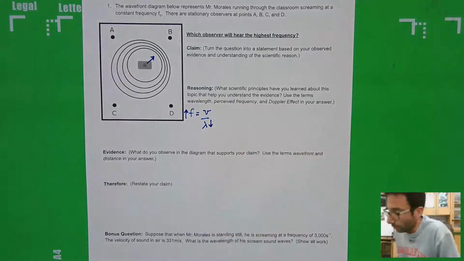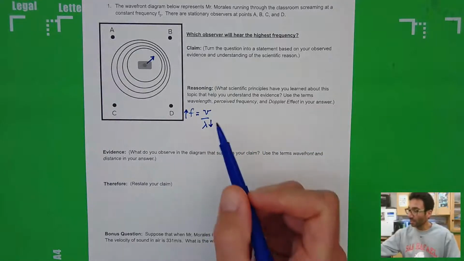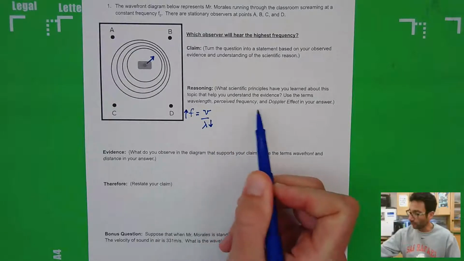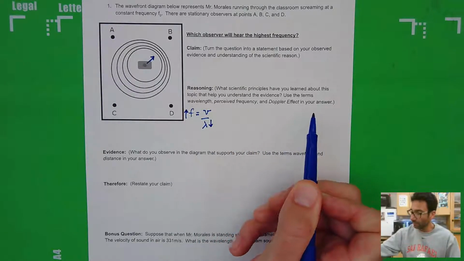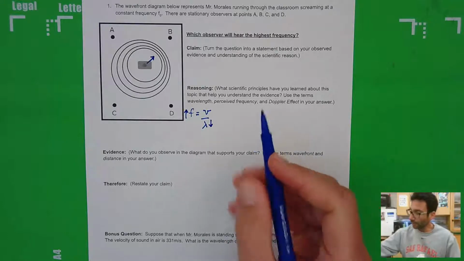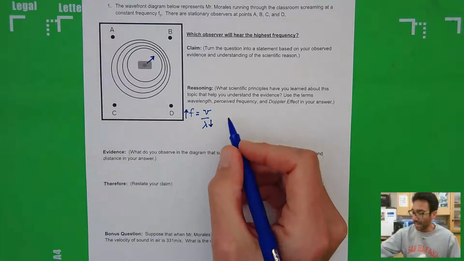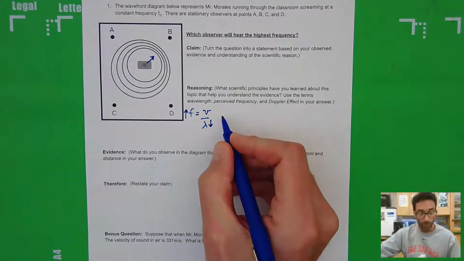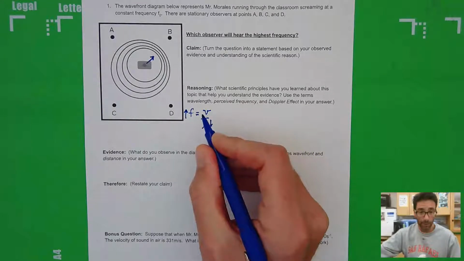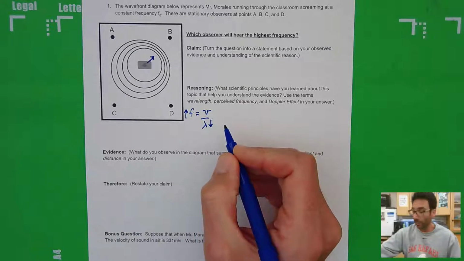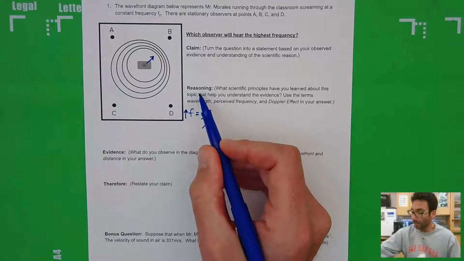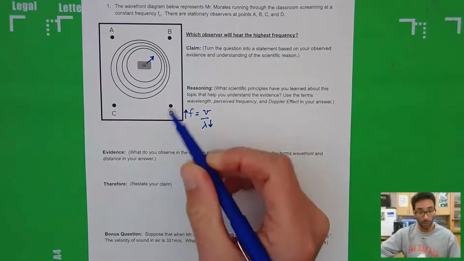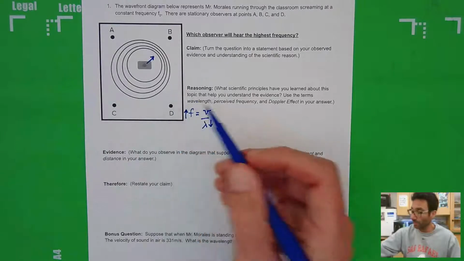And I've left a few little clues here saying, let's use the terms wavelength, perceived frequency, and Doppler effect in our answer. All right. Well, we don't want to talk about the diagram here. We just want to speak generally about this phenomenon in reasoning. In evidence is where we will cite particulars from this picture.